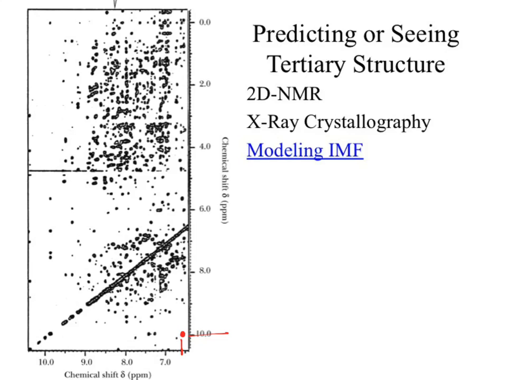For them to interact, they have to be close to each other. So a hydrogen that shows up at 10 needs to be interacting with a hydrogen that shows up at 6.5. I can now start to pick up some information about where my protein is folded together.